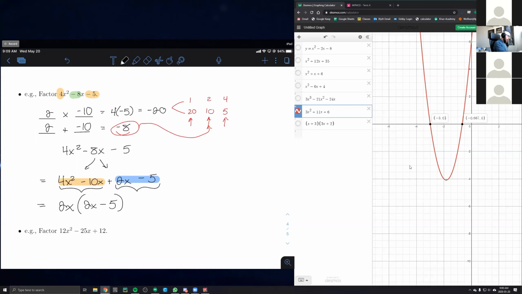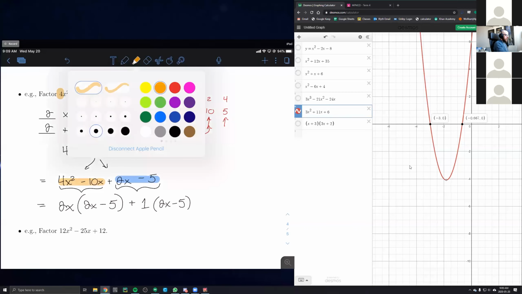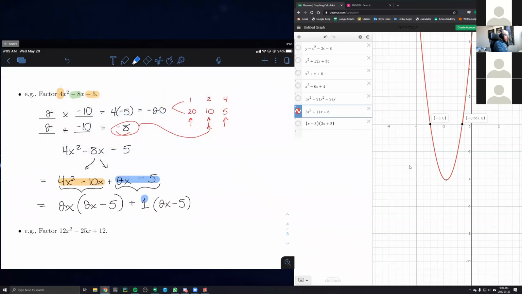In that case, just to make it look like other decomposition questions, I write this as plus 1 times 2x minus 5. That plus 1 tells me that I haven't common factored out anything, because there is nothing to common factor.